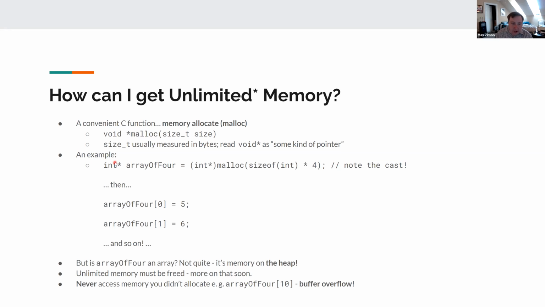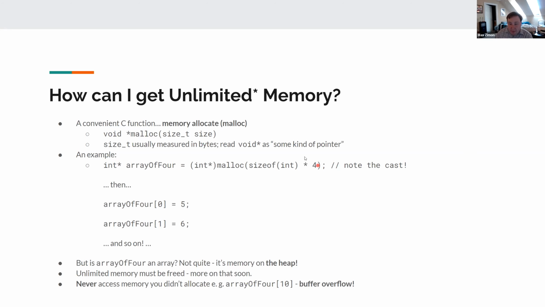What's the int star? We already know, that's a pointer. Array of 4 is the name, equals is setting it. Here we're casting, so malloc comes out, its return type is void star. That just means, for our purposes, some kind of pointer. That is a pointer to something, but we don't know the data type yet, so we can't really use it. So we're going to tell it the data type, it's an integer. It's an int star, a pointer to ints.